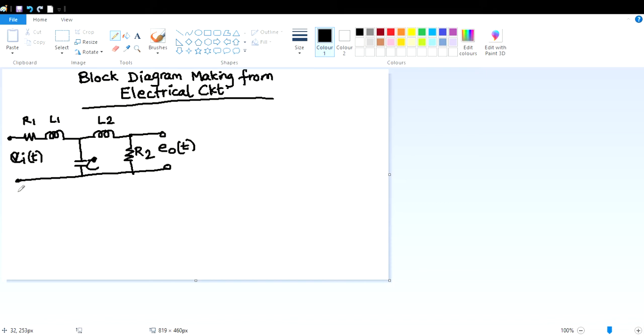We know voltage is nothing but potential difference. So this value is the reference. When we get the potential, we always get the voltage with respect to a reference value. Generally, we consider it as ground. So this is the datum level. Consider this whole line to be at ground potential, that means it is at 0 voltage.